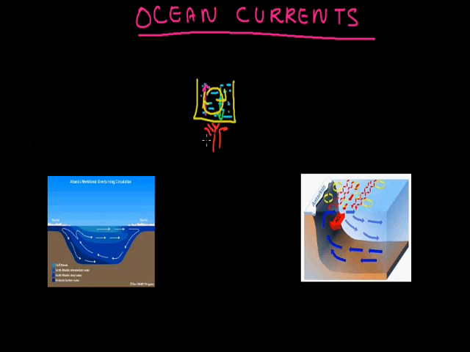The same thing we see in our oceans. As you can see in this diagram also, this is the warm water, and when that warm water goes near the polar areas it becomes cold, and that cold water goes downwards into the bottom areas.